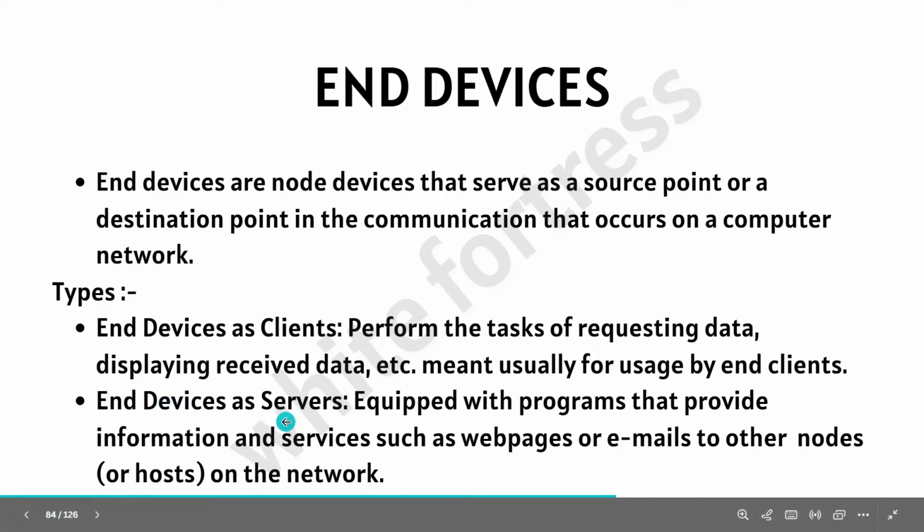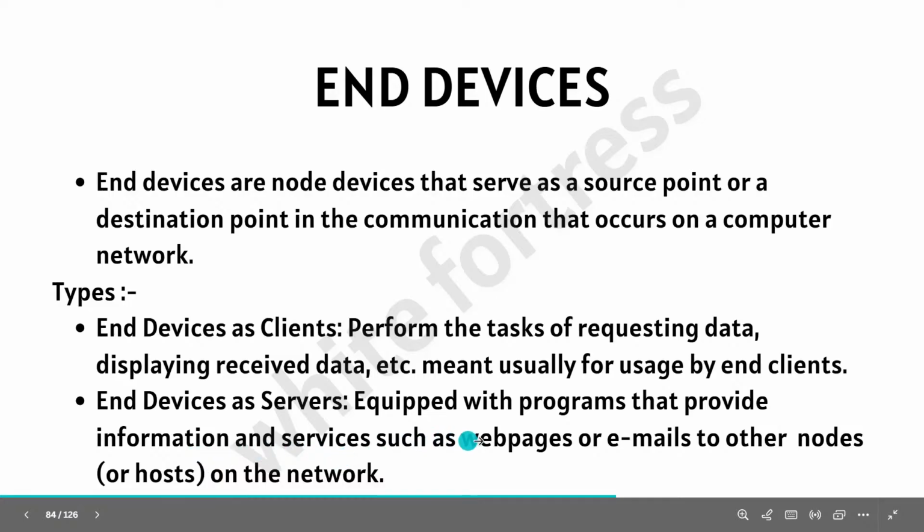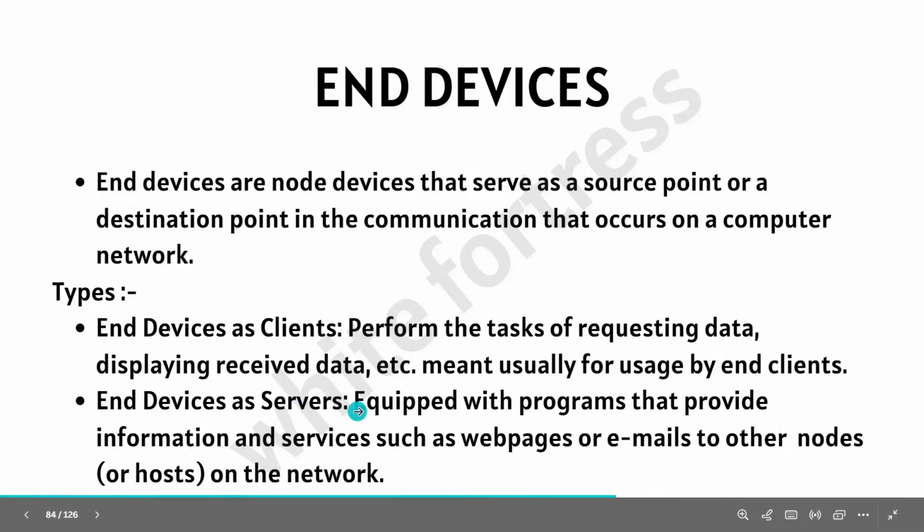Then we have end devices as servers, equipped with programs that provide information and services, such as web pages and emails, to other nodes or hosts on the network. So end devices as servers have all the web pages and emails, right? We have web servers and email servers, which have all the information and services, and have ports open for a particular service.